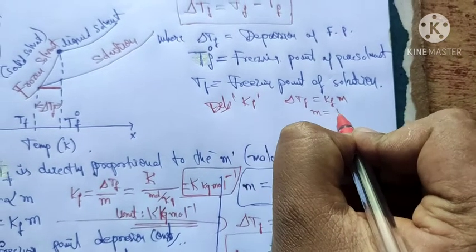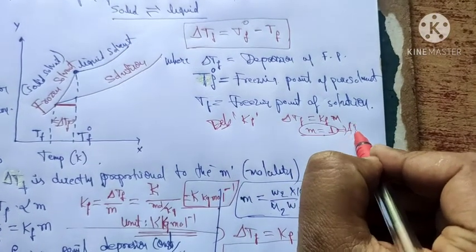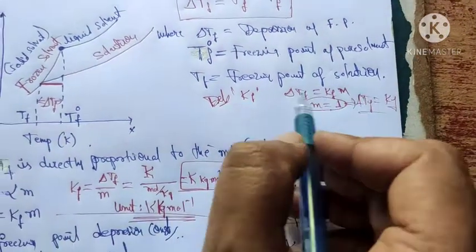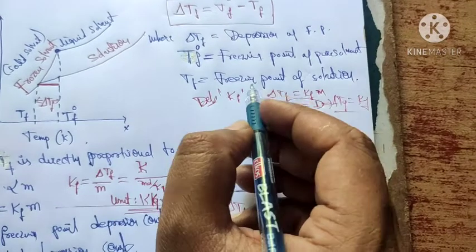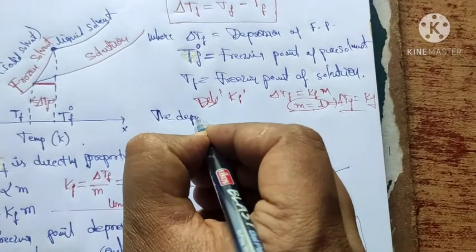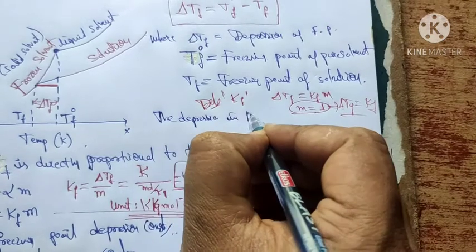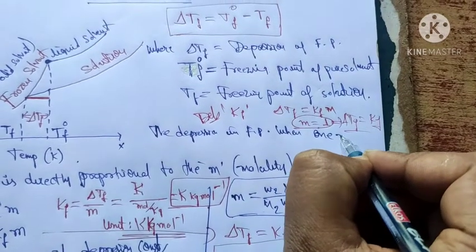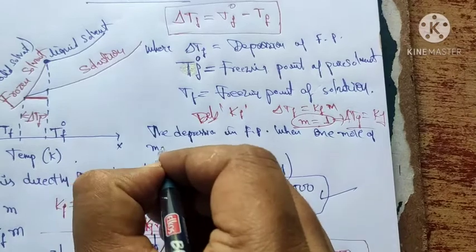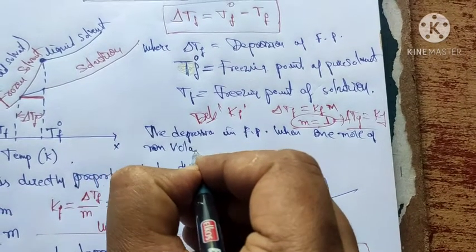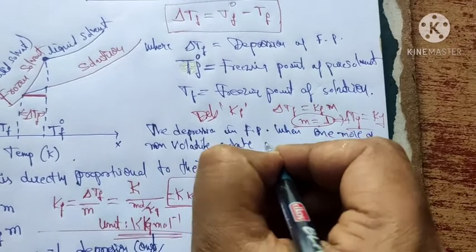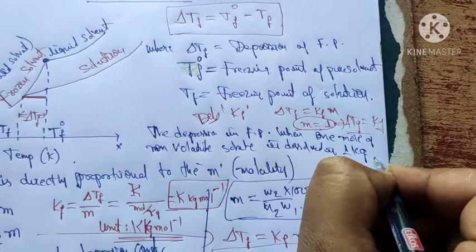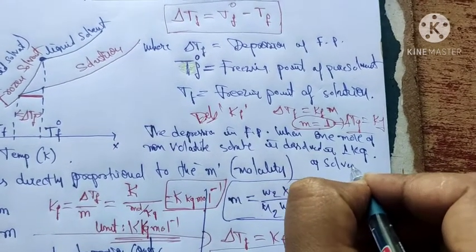Where m is equal to 1, delta TF is equal to KF. So the definition of the cryoscopic constant: the depression in freezing point when 1 mole of non-volatile solute is dissolved in 1 kg of solvent.